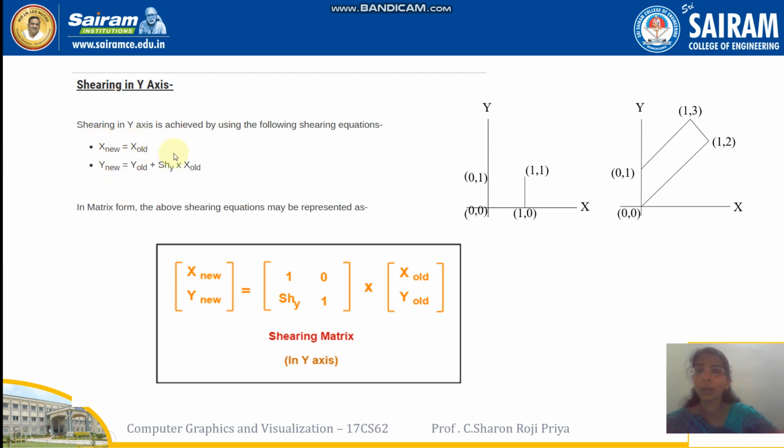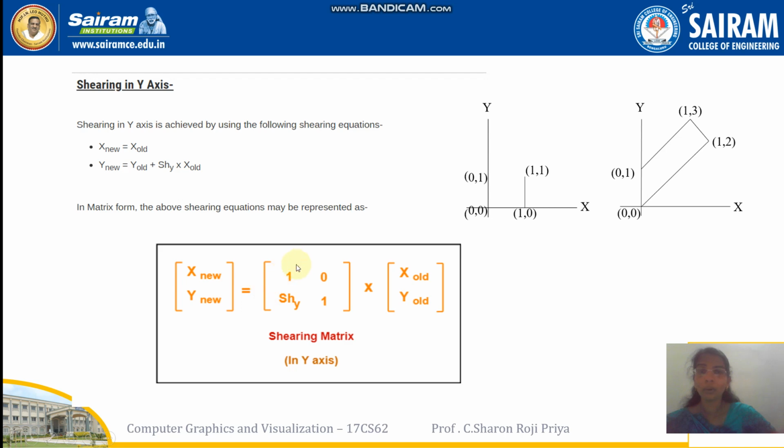Now, coming to this equation, the x value remains the same in shearing along y-axis and changes will be in the y value. These values I have to represent in matrix form. Here you can check x coefficient is 1, there is no y value, so it will be 1 0, and here again x coefficient is shear y and y coefficient is 1, so it is shear y 1.